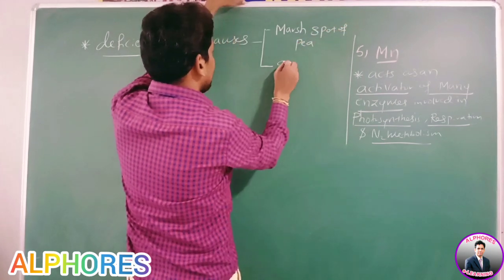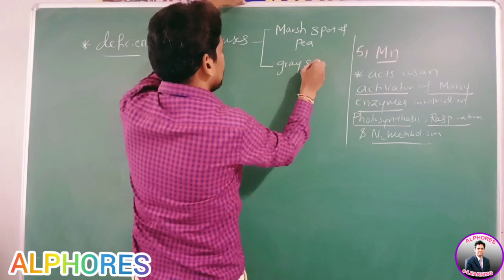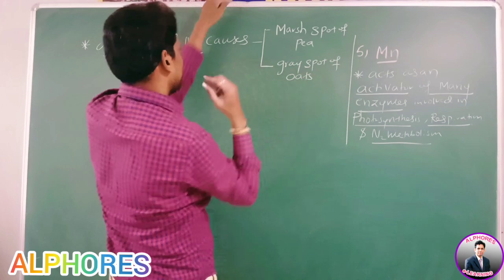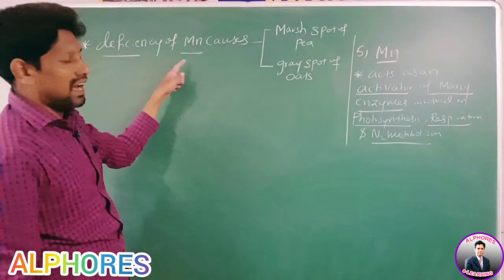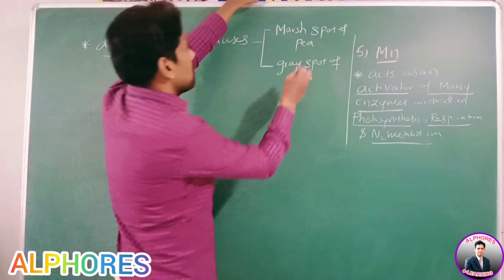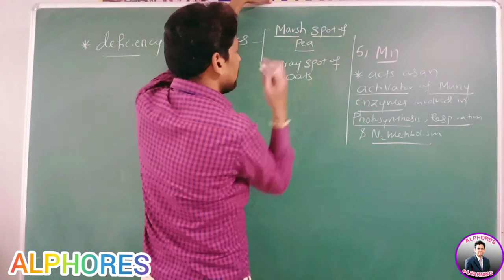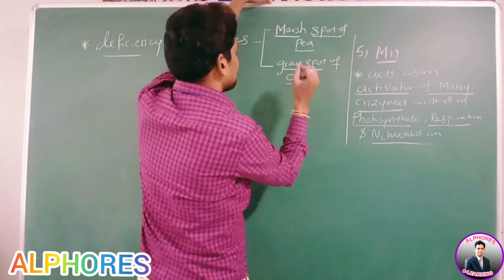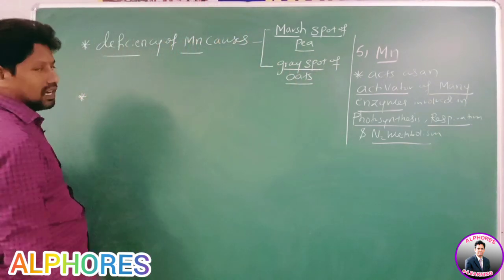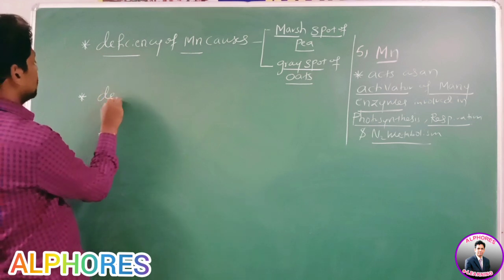Second one is gray spot of oats. Okay. Deficiency of manganese causes what, sir? Marsh spot of pea. Next, gray spot of what, sir? Oats.